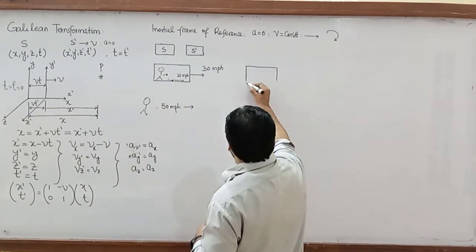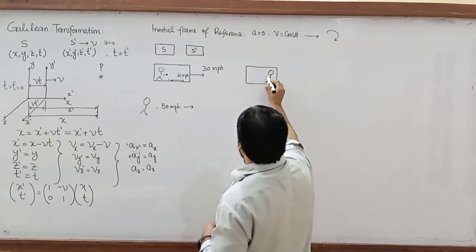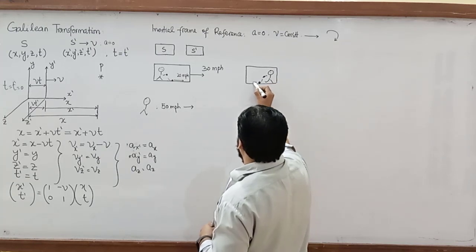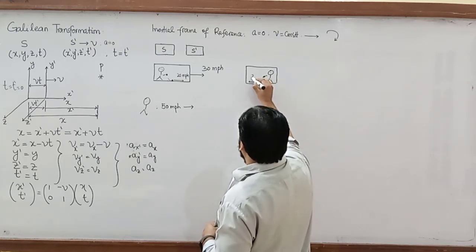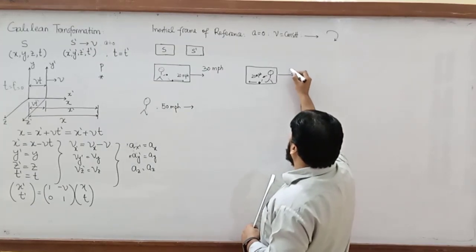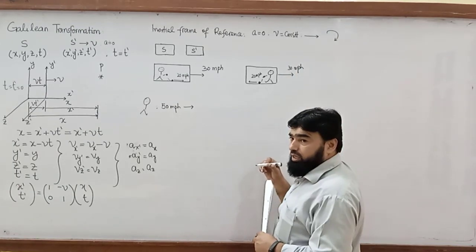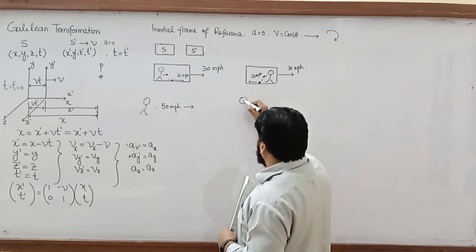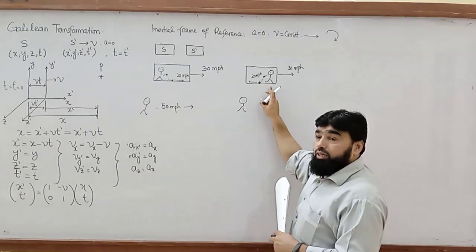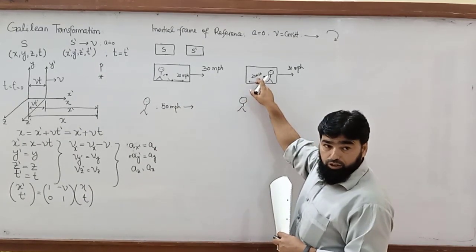And the opposite of it is that the person here throws the ball and it rolls in this direction at, let's say, 20 mph, while the frame is moving in the other direction at 30 mph. Now the observer who is here sees that the ball is moving at 20 mph.